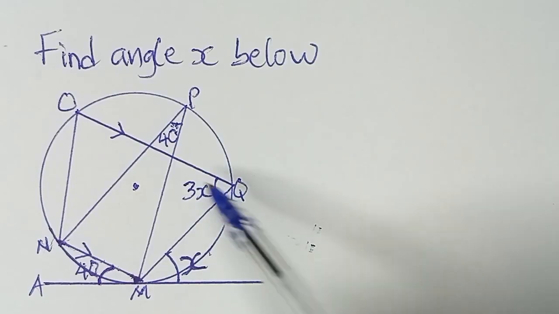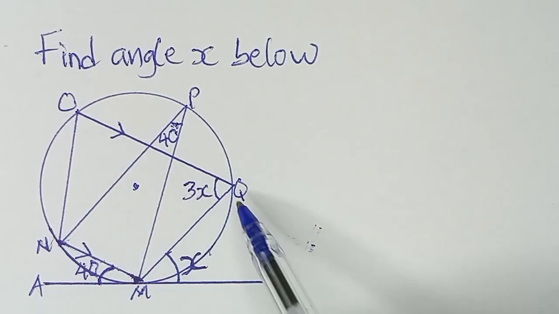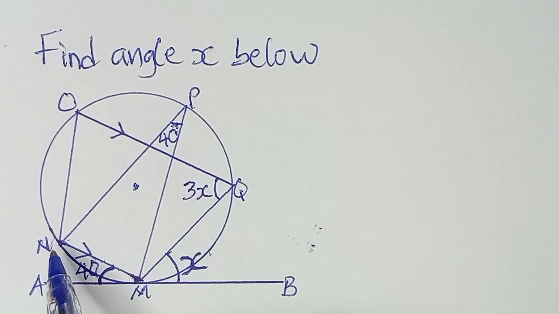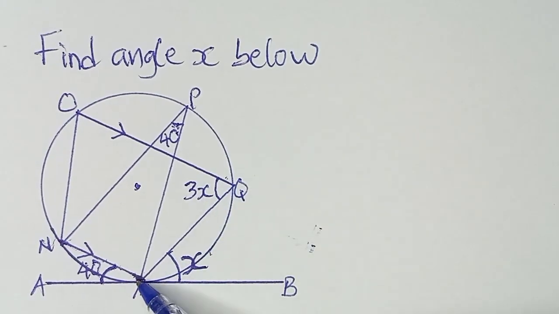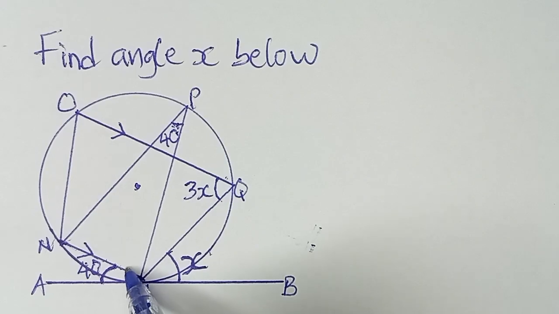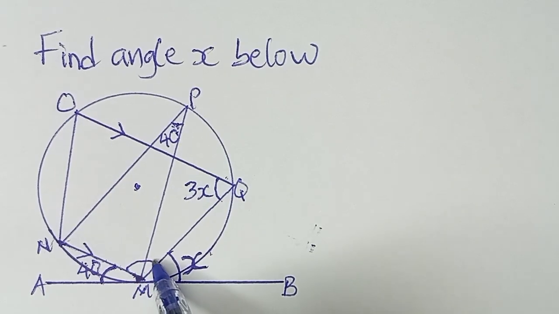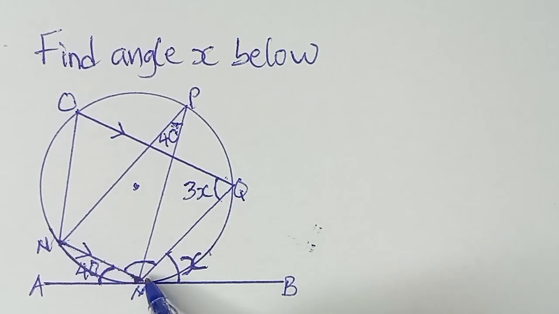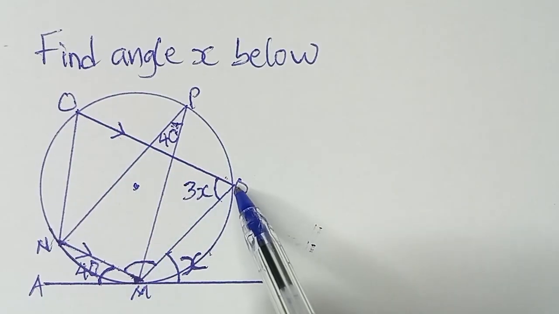Now, let's look at this parallel line OQ and this parallel line NM. Now, in between the parallel lines, we have this angle 3x, and then we also have this angle here. So this is the parallel line, this is also the parallel line.